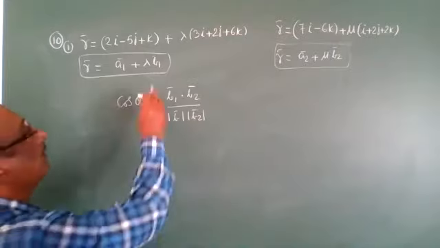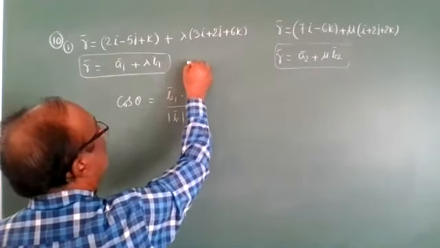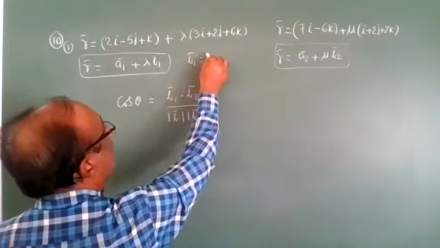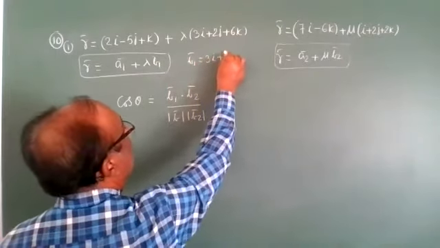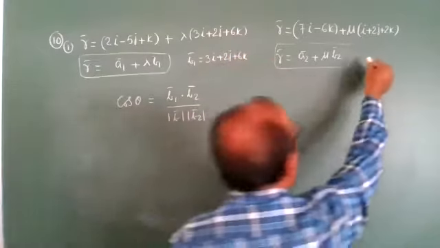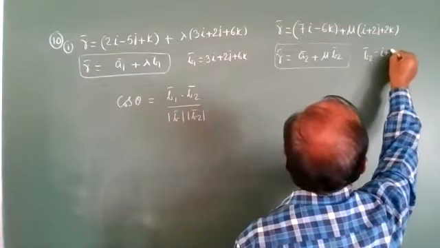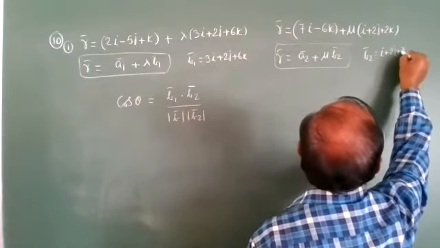First, what is b1 bar here? Already we know that b1 bar is 3i plus 2j plus 6k. Here b2 bar is i plus 2j plus 2k.